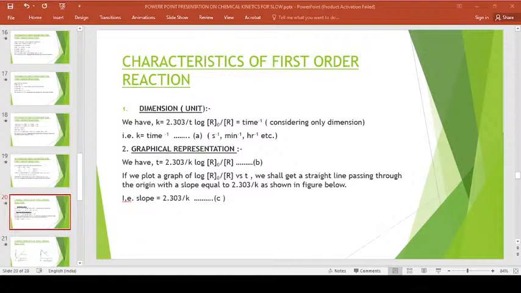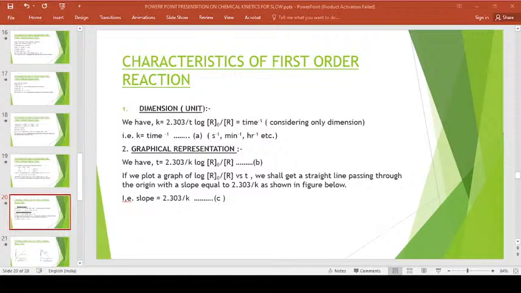From there, you will get the value of k. Knowing the value of k, you use the simple formula for the integrated first order rate equation. The formula is t equals 2.303 by k log of R naught by R.